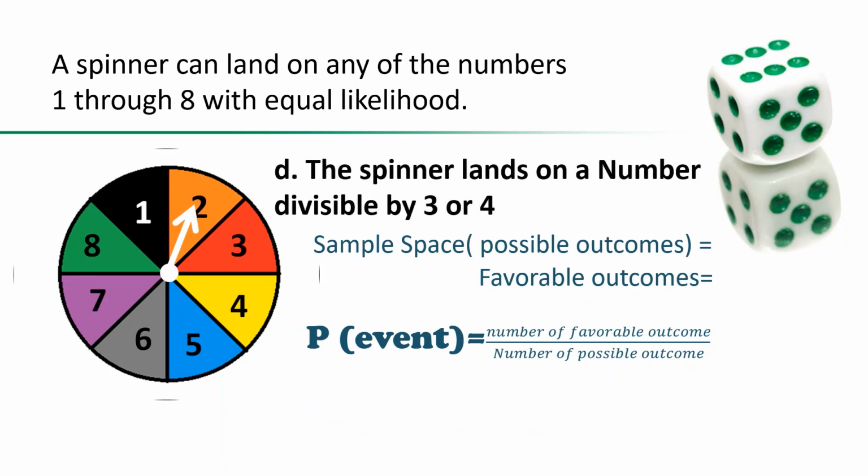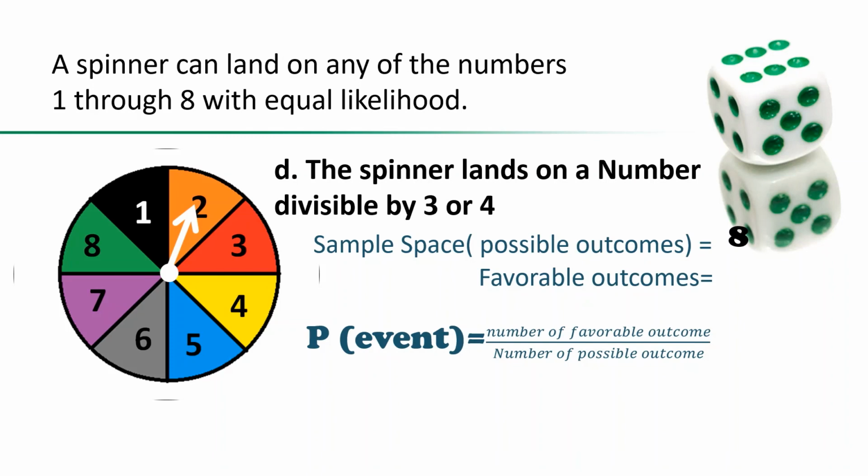How about the probability that the spinner lands on a number divisible by 3 or 4? Okay, so our sample space, we have 8. And for the favorable outcomes, so ano nga ba yung mga number divisible by 3 or 4? So meron tayo, divisible by 3 is 3 and 6.